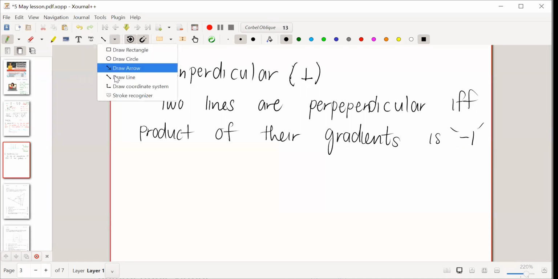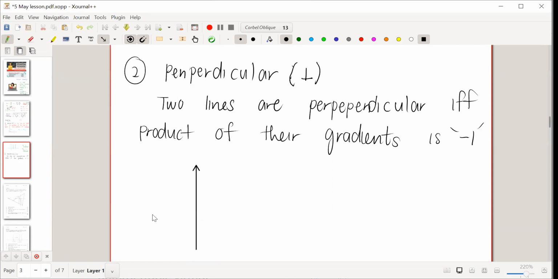Okay, so pictorially, if we wanted to describe this, let's just say I have my lines, line 1 and line 2.